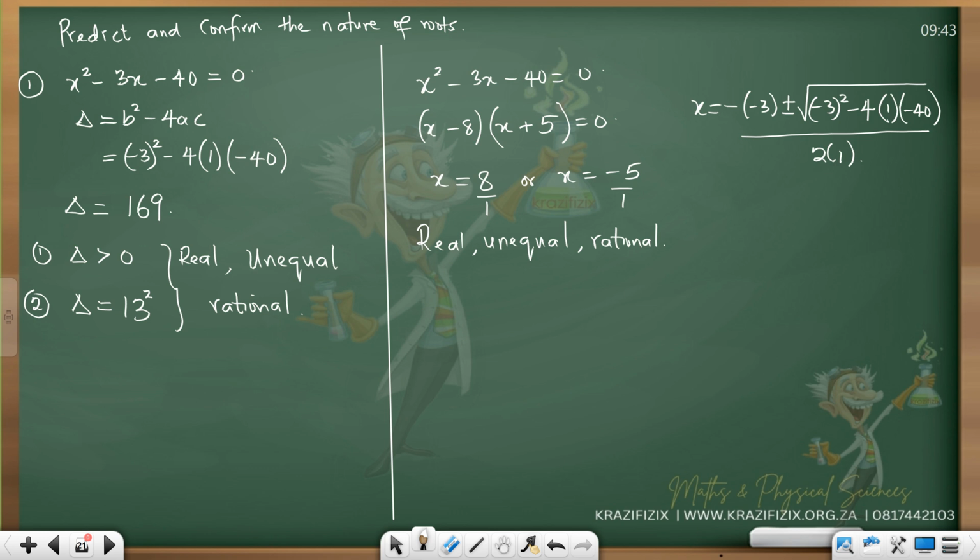May I please hear from you if you are okay with this? That looking at my discriminant, 169 can be written as 13 squared, which means because it's greater than 0, my roots are real, my roots are unequal, and my roots are rational. Simply because it is a perfect square.